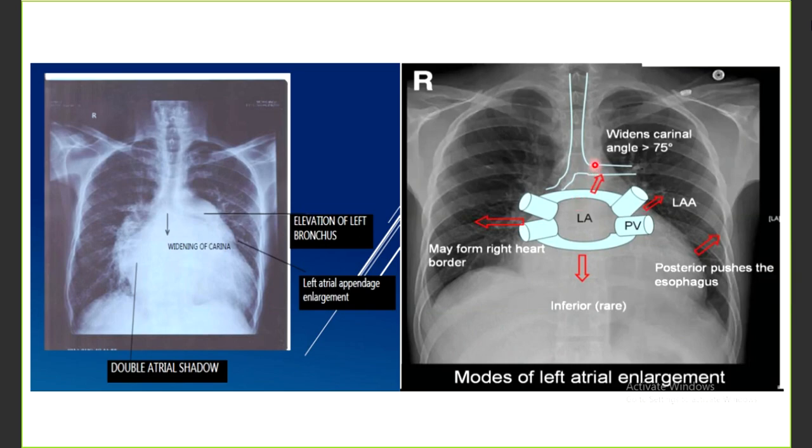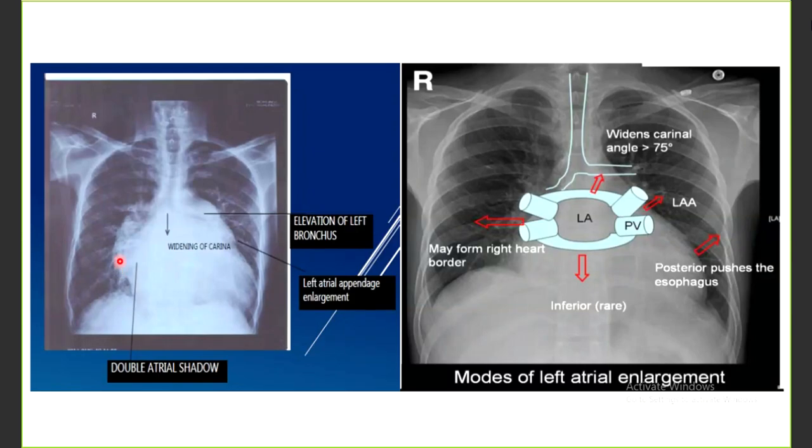And because of this, you have the widening of the carinal angle, the pushing up of the left principal bronchus, and the left atrial appendage will be projecting out here a little bit, causing the straightening of the left border of the heart. And if you look carefully, you can see the double atrial shadow, the shadow through shadow.